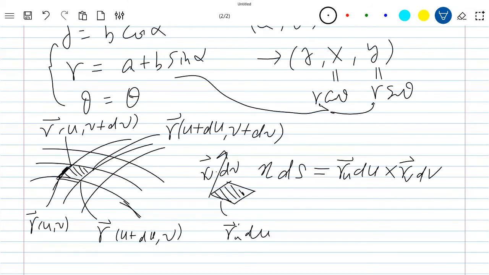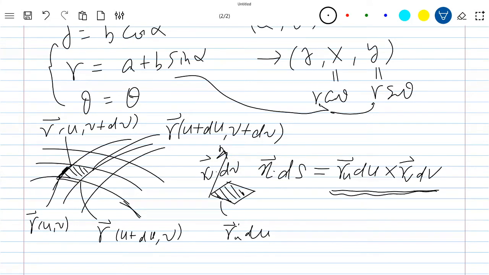So the cross product will give you a vector in the direction of n, and the length of this vector is the area of the parallelogram.